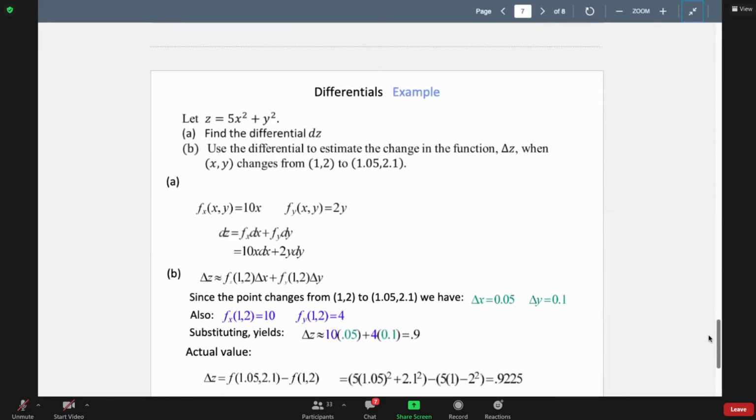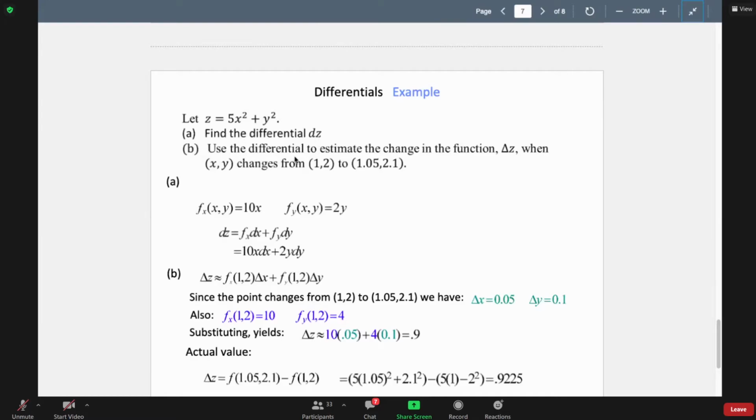So here is an example. You will be asked to compute differentials and so on. z is equal to 5x squared plus y squared. Find the differential dz. Or if you call this f, then df, but here another name, dz. That's the first part.